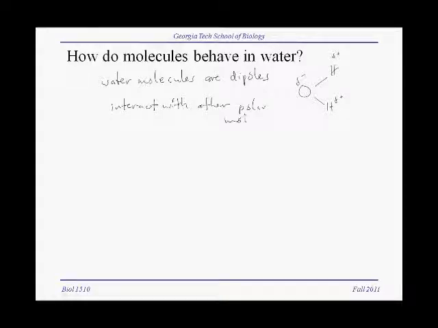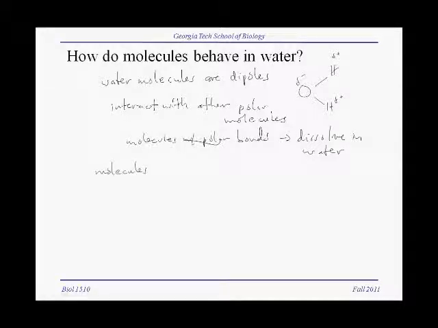And then molecules with nonpolar covalent bonds do not interact with water, and therefore they do not dissolve in the water. And we call these molecules hydrophobic, meaning they are afraid of water.